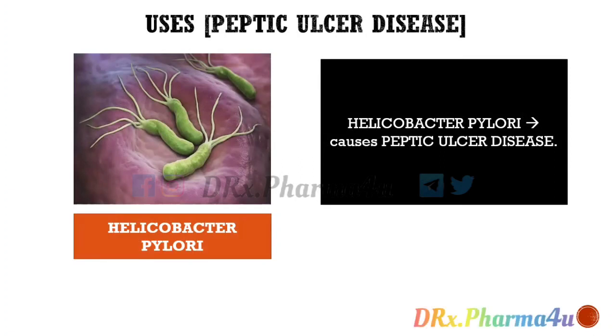We can use clarithromycin, which is a macrolide antibiotic. We can use amoxicillin clavulanic acid, which is bactericidal in nature. It is a penicillin. And definitely we can use tetracycline as well. So this is the organism Helicobacter pylori, against which we can use tetracycline.